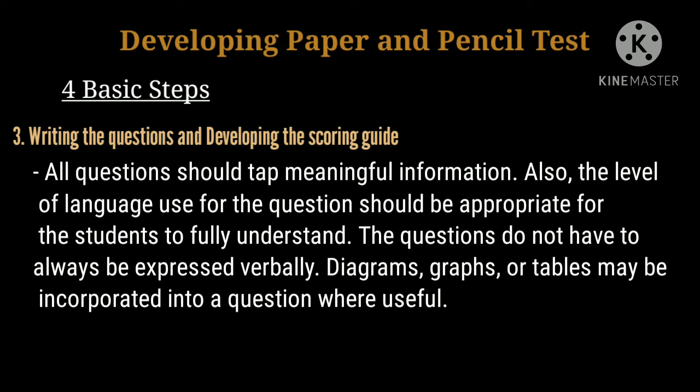It also allows you to indicate the value of each question so that candidates can decide for themselves the amount of time they should spend on a question. The marks assigned to each question should reflect the importance of the question.